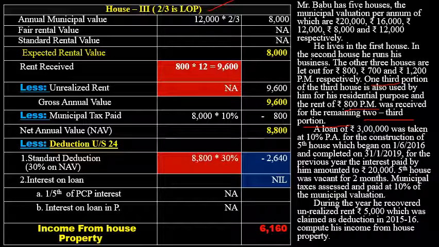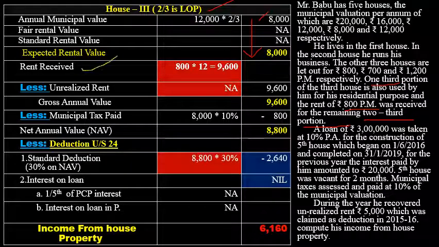The municipal value is 12,000 for the full house, so for the 2/3 part it is 12,000 into 2/3, which is 8,000. Rent is not given and there is no standard rent, so the expected rental value is 8,000.